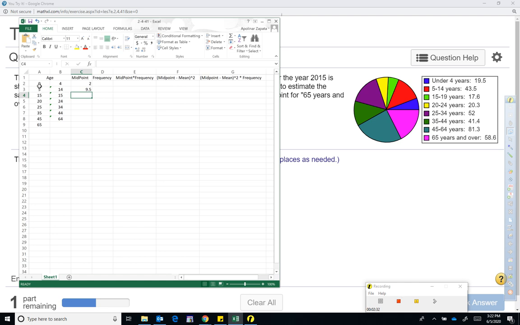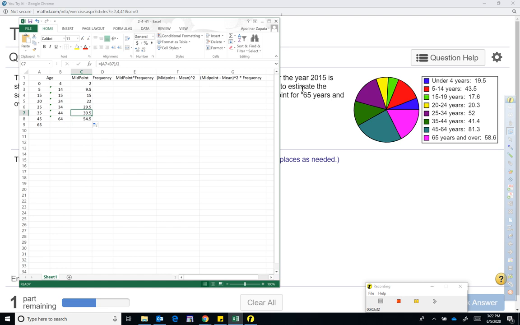I insert the cells in the formula. Now I can copy all the way down and it automatically gives me the midpoint, the value that falls in the middle. So for example, 39.5 is between 35 and 44.